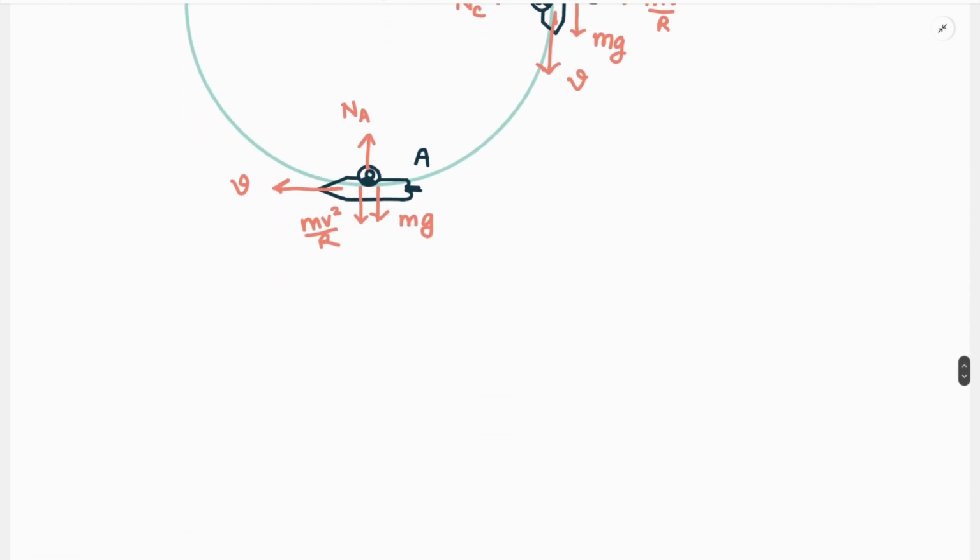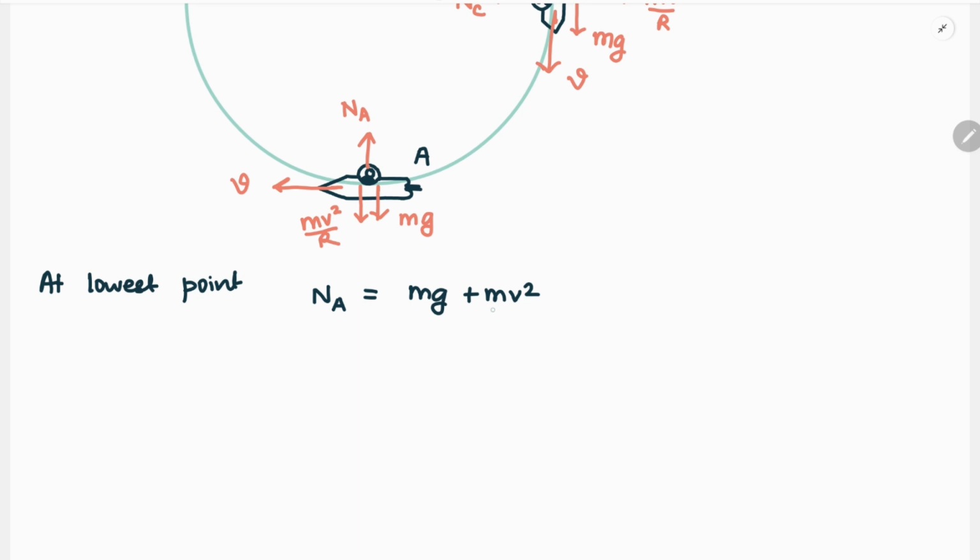So now at the lowest point, we can write that the normal reaction force NA is equal to mg plus mv square by r.